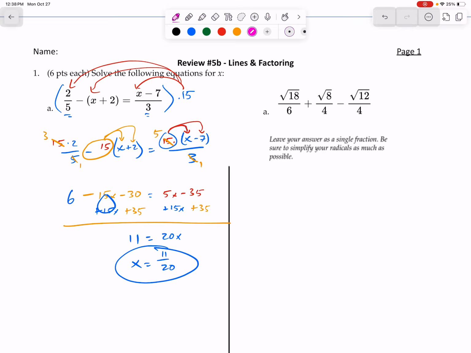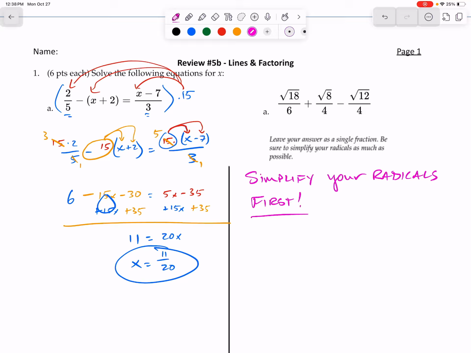All right. Here, note to you, simplify your radicals first.